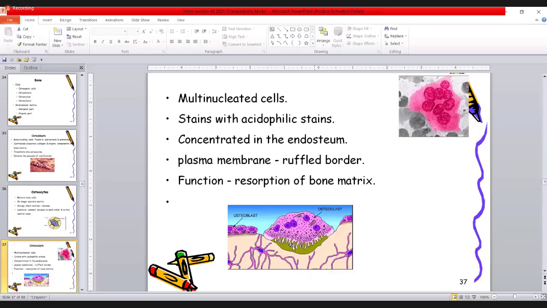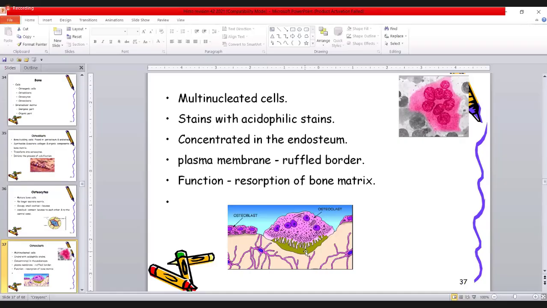Yes, this space has a specific name. What is it? Lacunae. Yes, which lacunae? There's a nice name for that. Howship's lacunae.